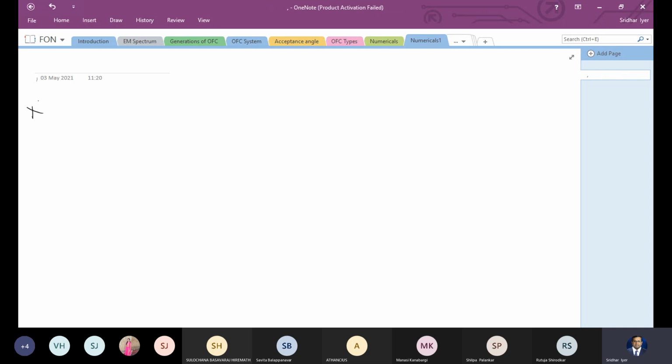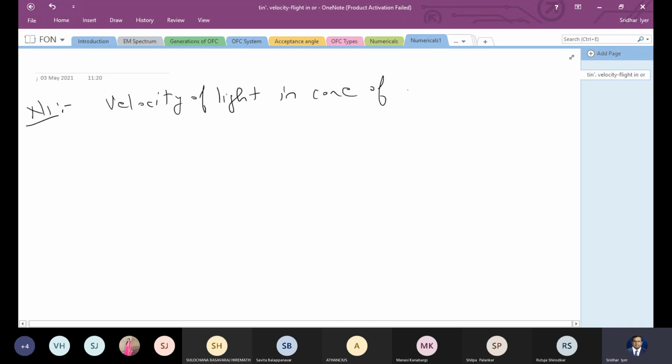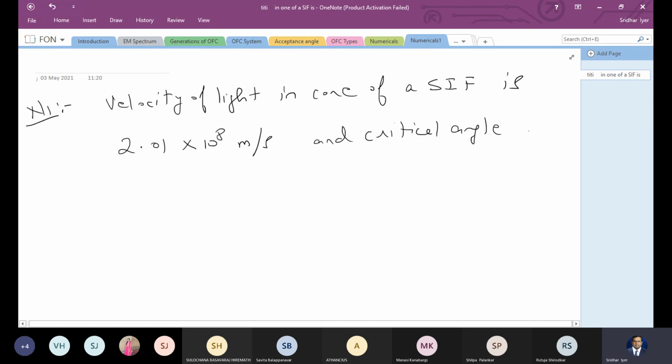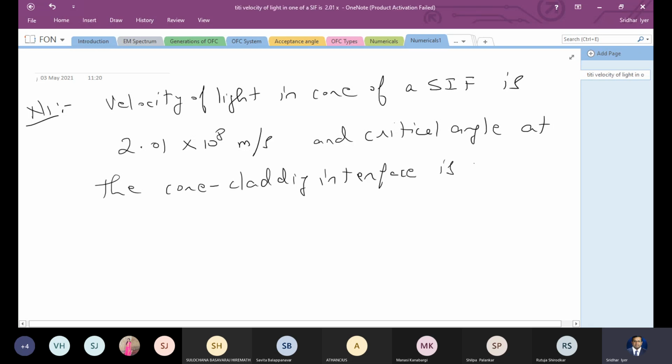So this is numerical 1. The question is: the velocity of light in the core of a step index fiber is 2.01 into 10 raised to 8 meters per second, and the critical angle at the core-cladding interface is 80 degrees.